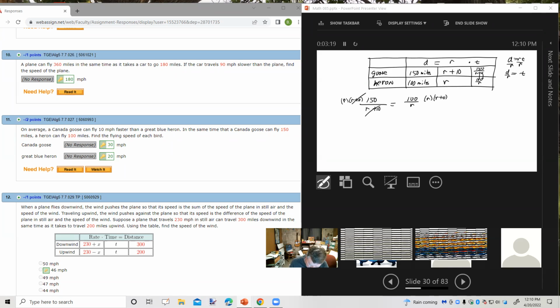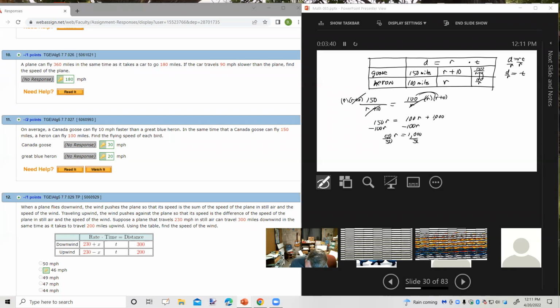The least common denominator is r times r plus 10. On the left, the r plus 10s go away and we have 150r. On the right, the r's go away, and distributing we have 100r plus 1000. Subtract 100r from both sides. 50r equals 1,000.